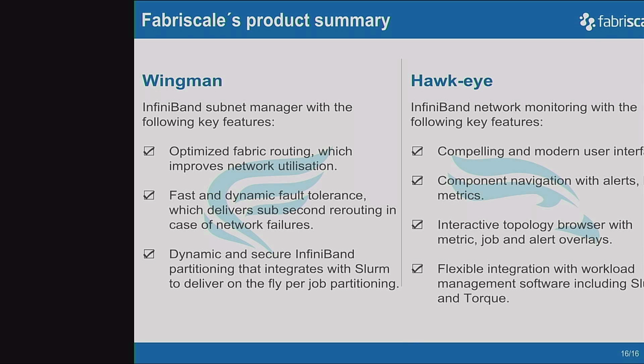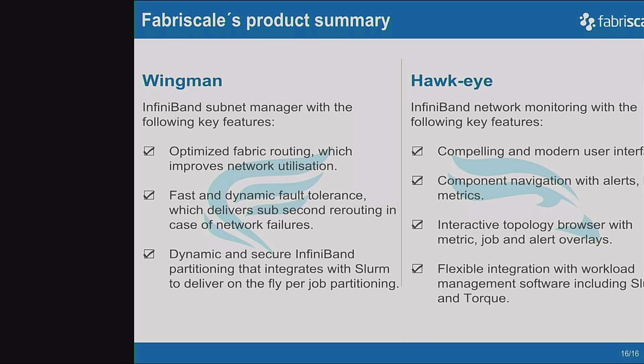So just to summarize, Wingman is a new subnet manager with optimized routing, that can take some strange configurations, which we have found to be happening in real-life computers. We have this dynamic fault tolerance, which enables very fast reconfiguration with sub-second rerouting in case of failures. And then there's dynamic and secure InfiniBand partitioning. That's automated and integrated with Slurm.